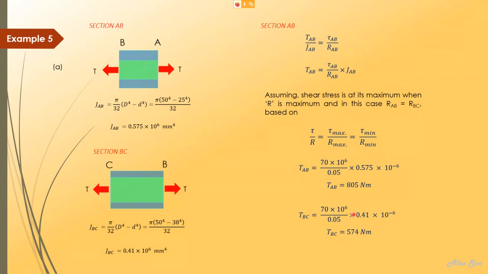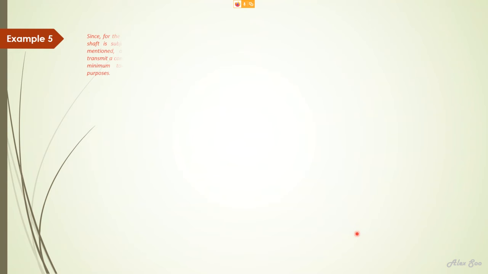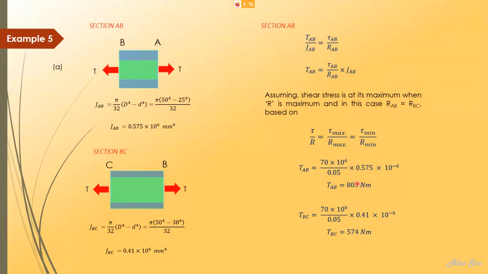Now, if we found two different torques, what can we do? Since the shaft is in series, each part of the shaft should be subjected to the same torque. Same torque. Which torque? Either we use this or we use this. Since we got two different J, that is why two different torques appear.